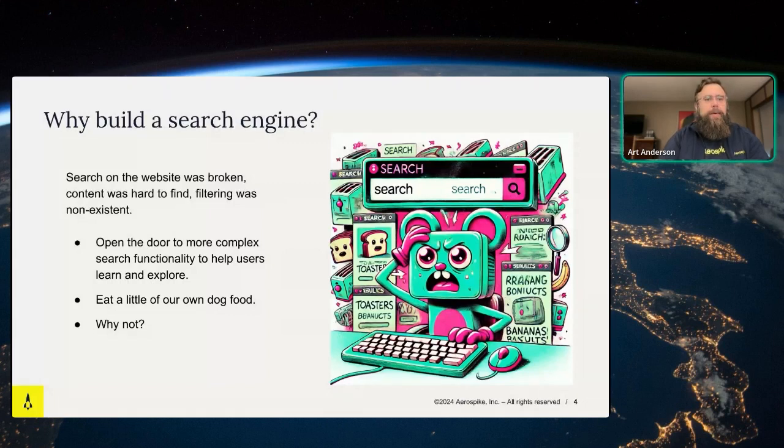We're launching a new vector database next week. And as we were going through beta testing, we thought, why don't we eat a little of our own dog food, and use Aerospike to build search for our site. This will help open the door for more complex search functionality, letting users surface more content in a more relevant way, and it's also a fun project.